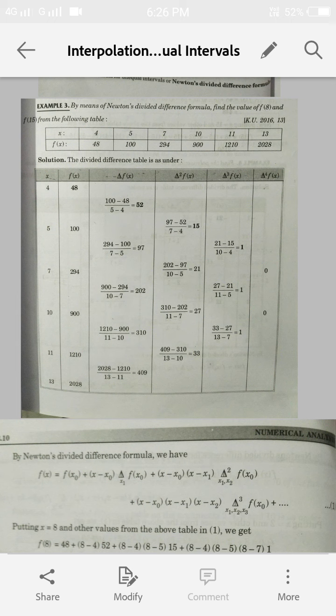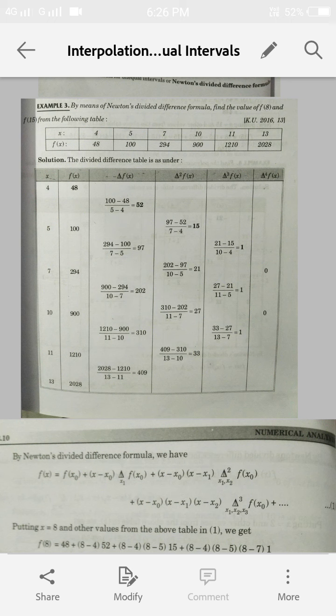Here we look upon this. First write the columns of x and f of x. In the next column we are to find the first order difference, then second order difference, third order difference and fourth order difference. For finding the first order divided difference, look at the first two values, that is x0 and x1, and their corresponding f of x0 and f of x1.